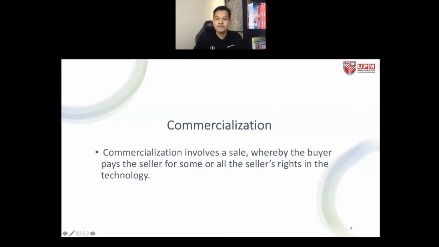At the same time, the university, the entity, can also transfer the technology via what we call licensing. It can be the whole part of the technology or some part of it.